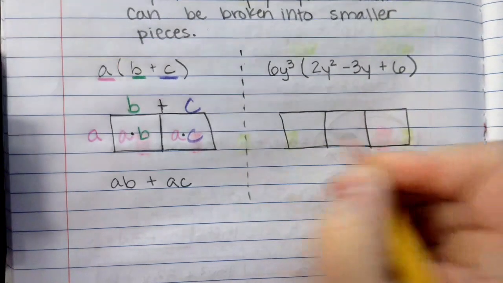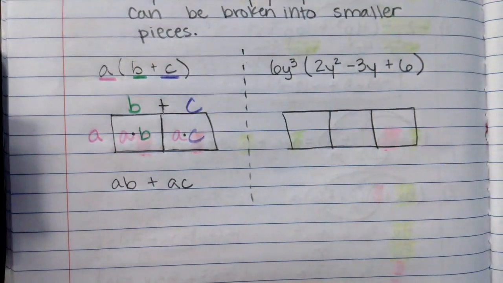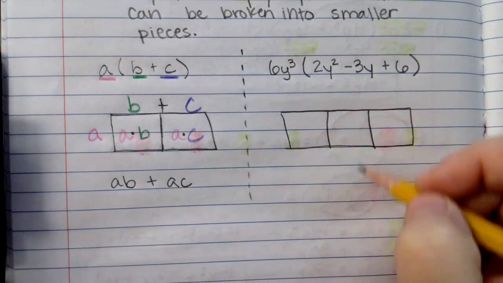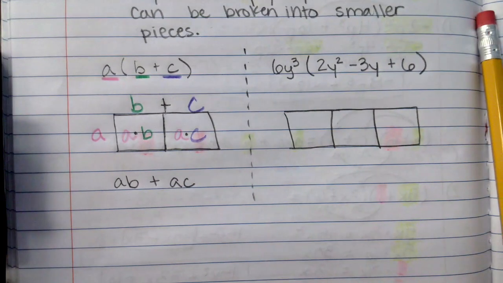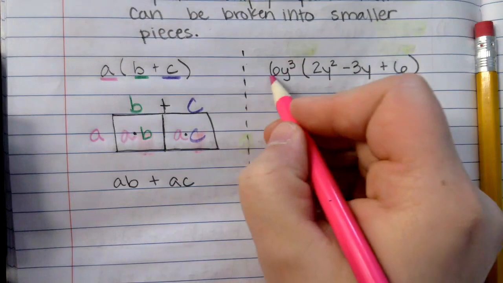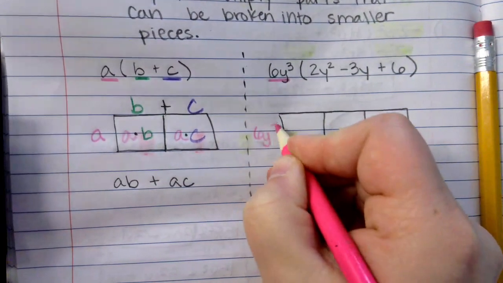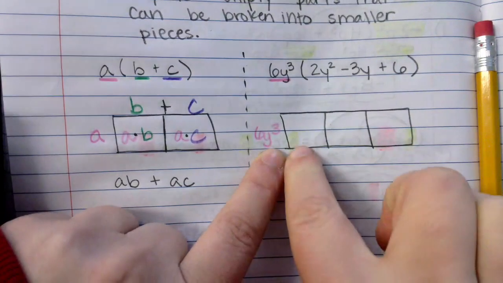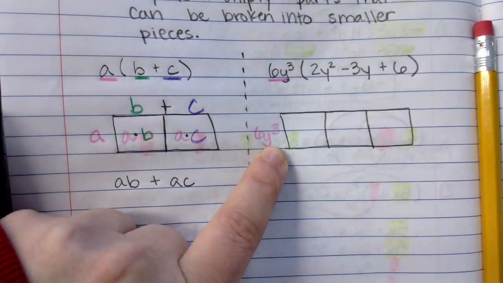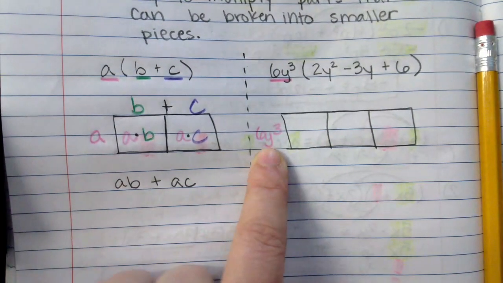So in front, we have that 6y to the third power. That's what we're multiplying everything by. So that one goes in the front, because for each of these parts, we'll multiply by that 6y to the third power. Then along the top in our trinomial, we have this 2y to the second power.